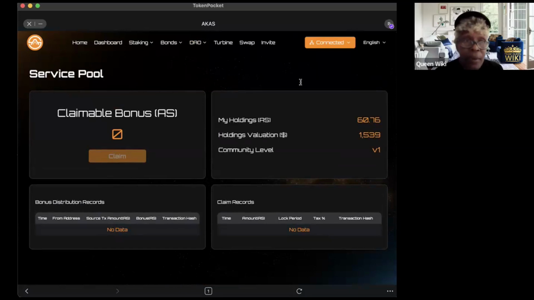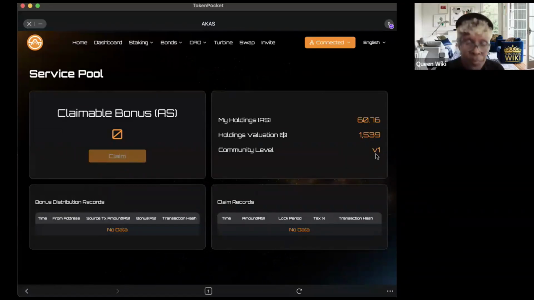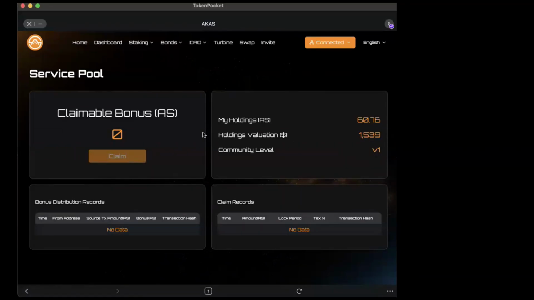There are 2 requirements. First, your direct downline has to have stayed more than 180 days. The second criterion is that your community level must be V1 rank and above. Then you can claim this service pool amount.